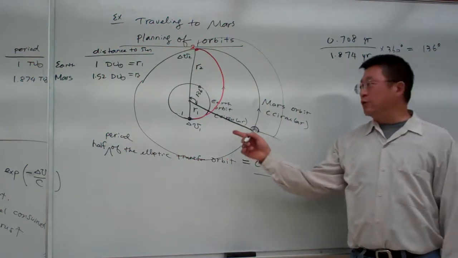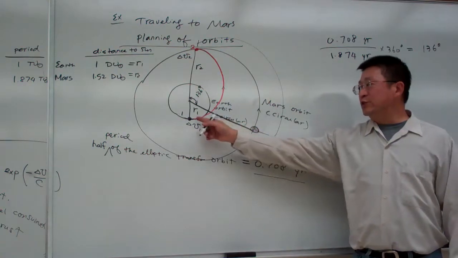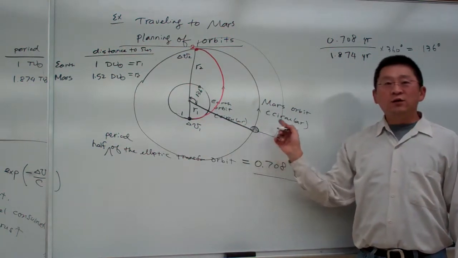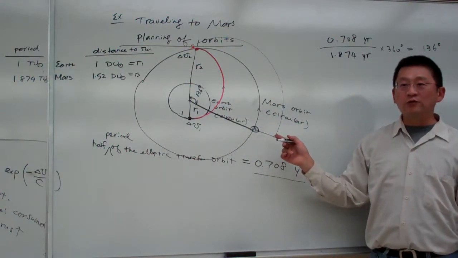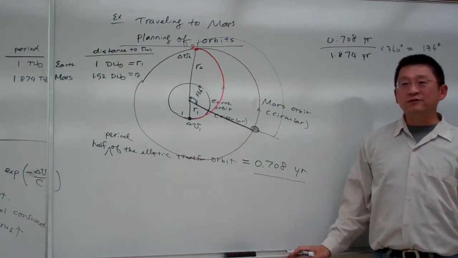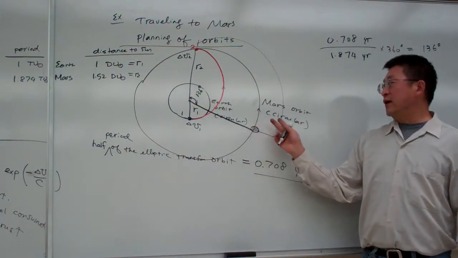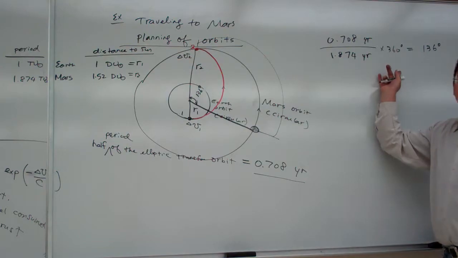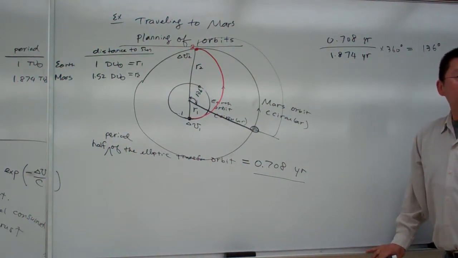So from here we can determine the relative positions between the Earth and Mars. That is a specific relative position at which we have to launch. Otherwise we're going to miss the window. If we miss that window, then we have to wait for the next window that satisfies these conditions. Okay? Okay, so that's one.